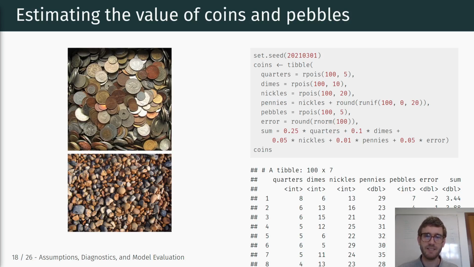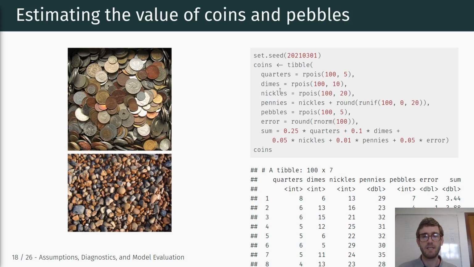We have a data set called coins that we will simulate using R. In this data set, we have 100 observations. For each observation, we have a certain number of quarters, dimes, nickels, pennies, and pebbles.